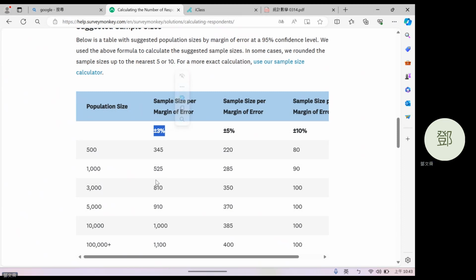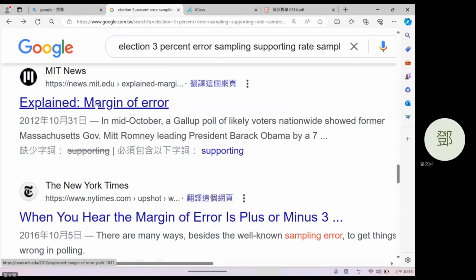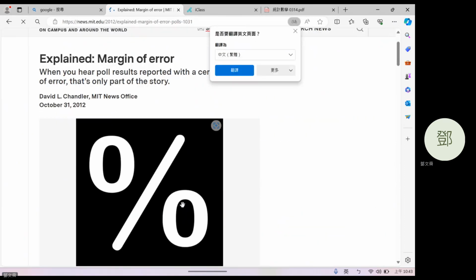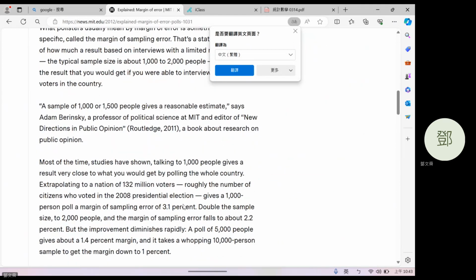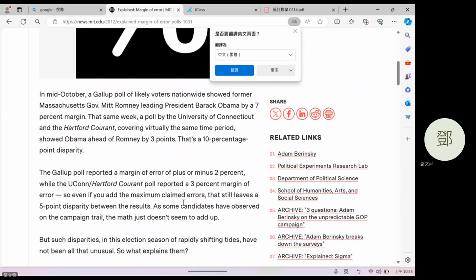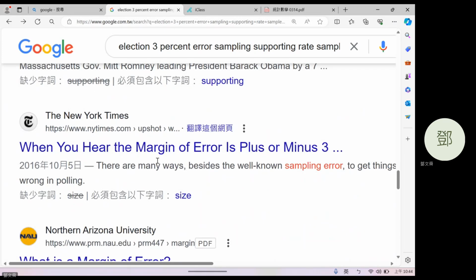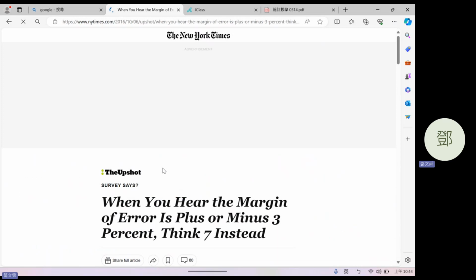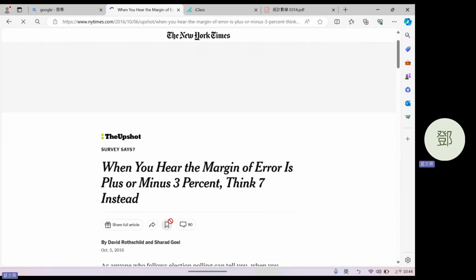What is that? The margin of error. When you hear the margin of error is plus or minus 3%.